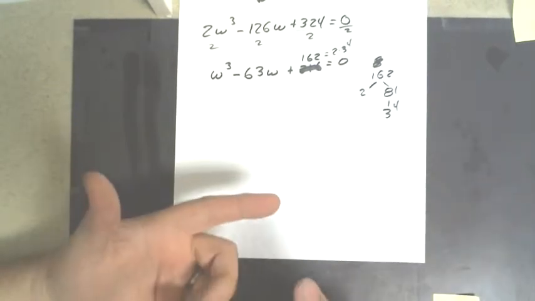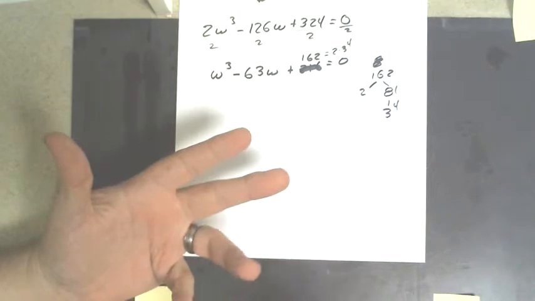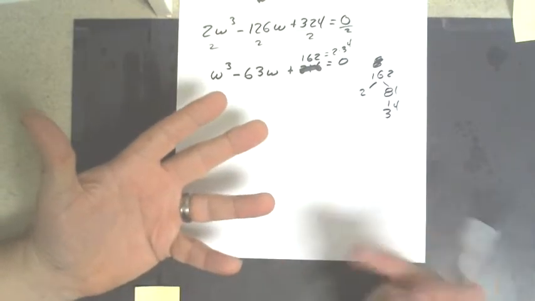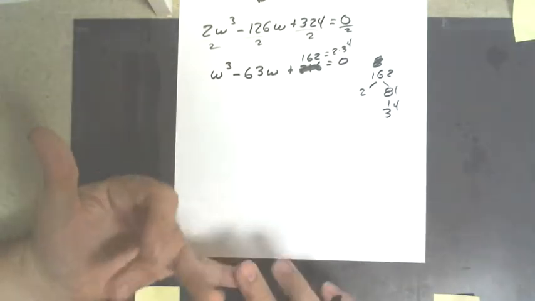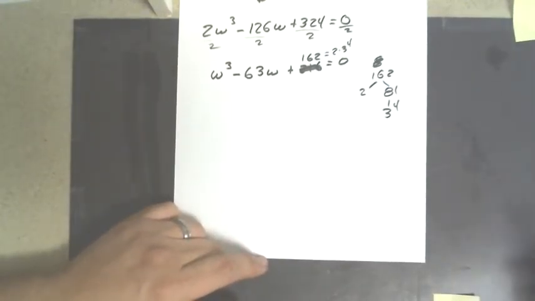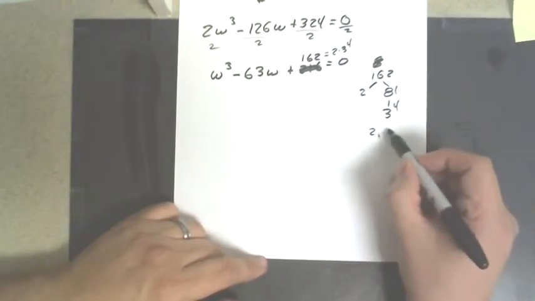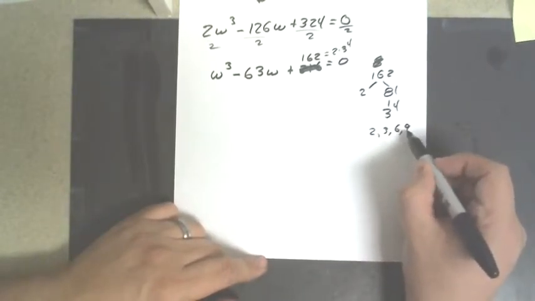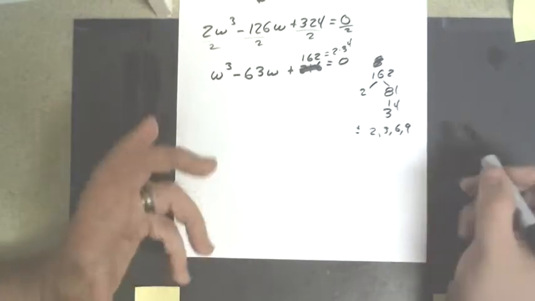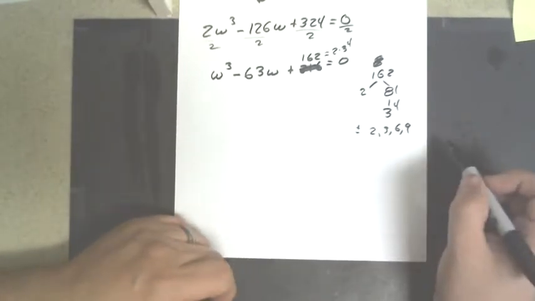So things like 3, 6, 9, 12 can't be in there. You need another 2. 27. So I would tend to start by looking at multiples of 3. So you might check 2, 3, 6, 9, and of course positive or negative. Maybe 18, 27, things like that.